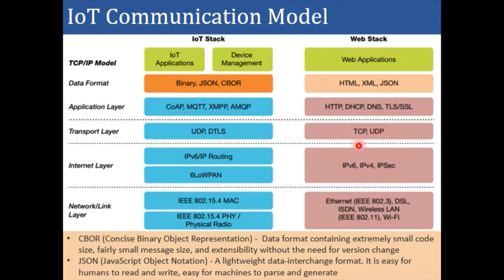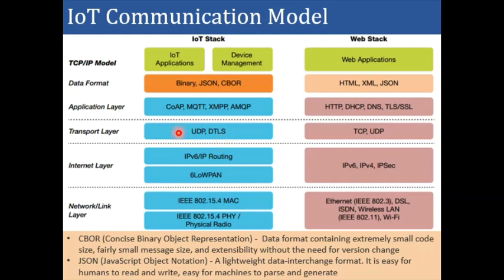In the case of the web stack, we have TCP as well as UDP capabilities because it is a full functional layer. So the information can be shared from the bottommost layer to the transport layer without any challenge.